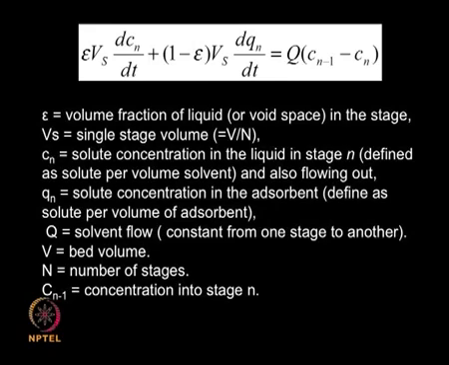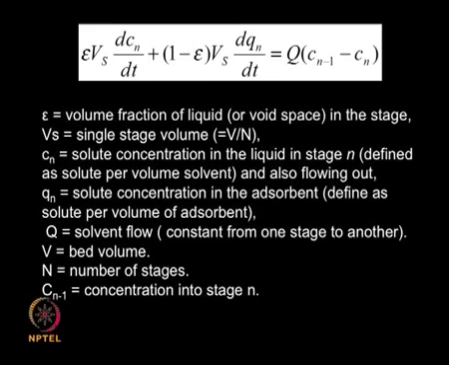Cn is the concentration of the solute in the mobile phase inside the stage, as well as the concentration of the solute in the mobile phase leaving the stage small n. Cn minus 1 is the concentration of the solute in the mobile phase entering the stage small n. Qn is the concentration of the solute in the stationary phase inside stage n.